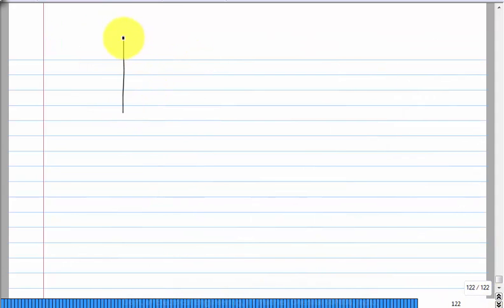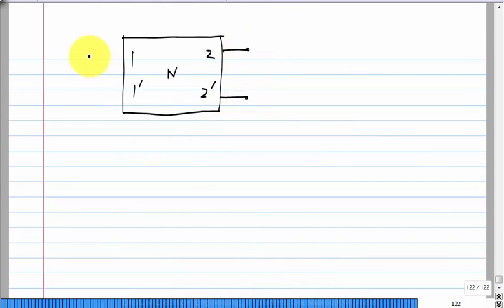For instance, let us say I have a network N which is 2 port. Then what I do is I have a couple of components in addition, okay.